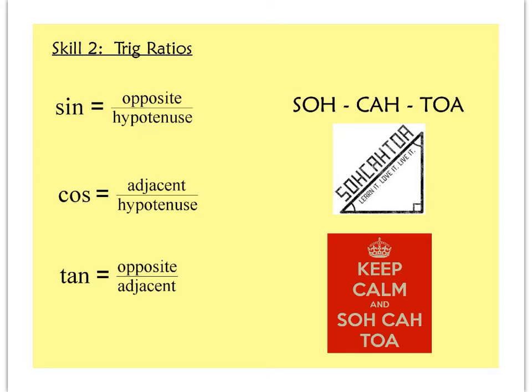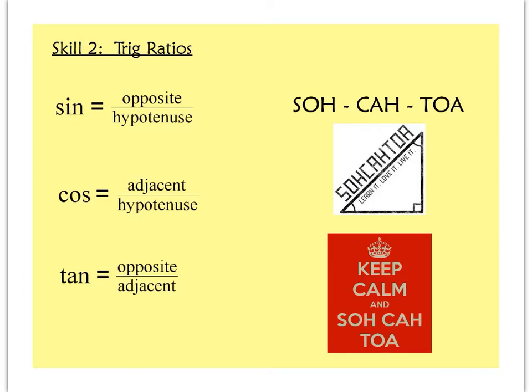All of these refer to that angle I'm looking at, just like the other ones I just did, labeling opposite and adjacent and hypotenuse. So when I have the opposite side and the hypotenuse, I'm going to use the sine ratio.